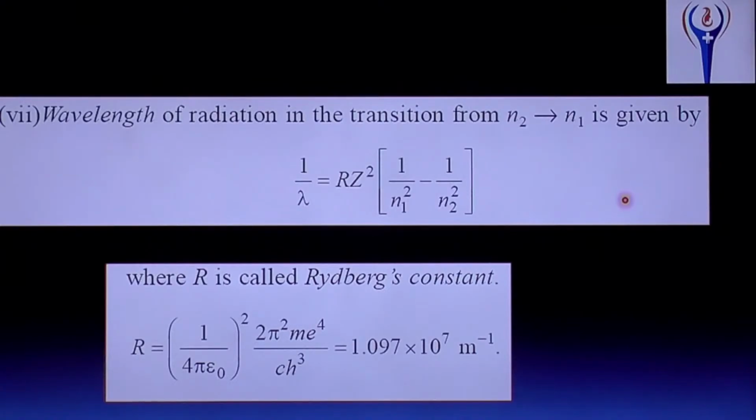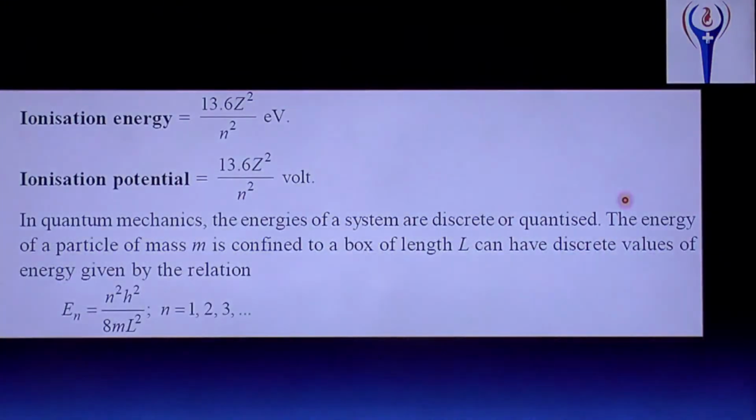And ionization energy is 13.6 Z square by n square eV. Ionization potential is 13.6 Z square by n square volt. Energy in eV and potential in volt are related: eV is e times V, so if you cancel e, that gives V, which is the potential.